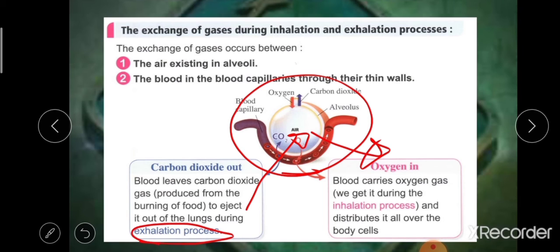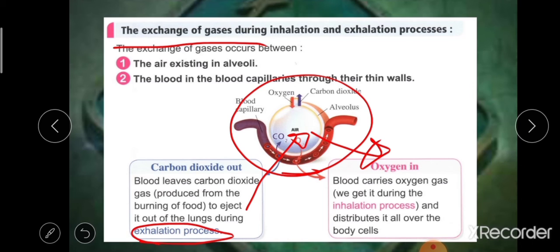This is called exchange of gases. It means blood takes oxygen from the air in the alveoli and removes carbon dioxide gas which formed inside the cell during burning the food to get energy.